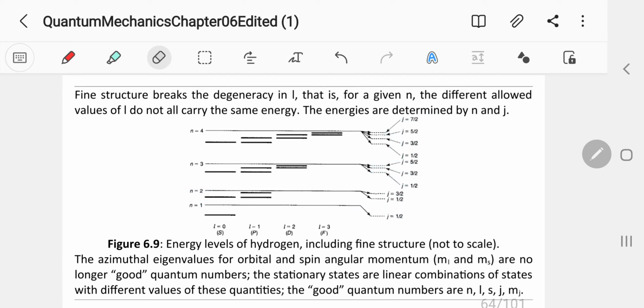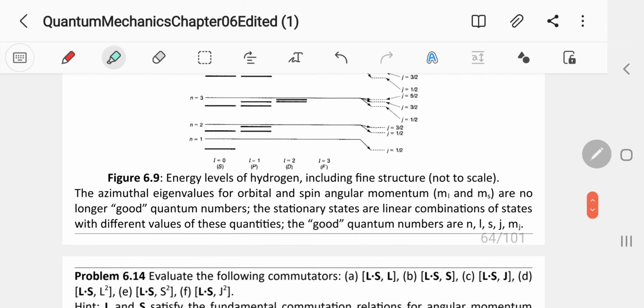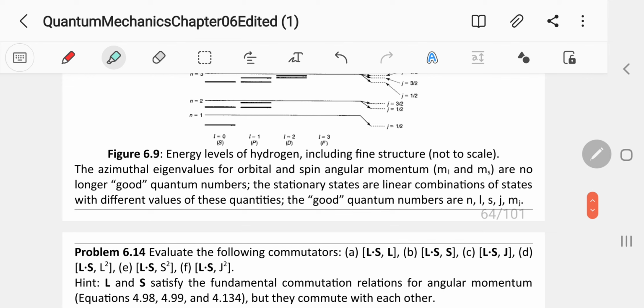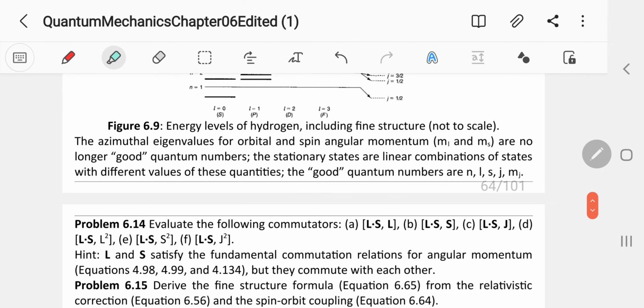So the fine structure breaks the degeneracy in l, that is, for a given n, the different allowed values of l do not carry the same energy. The energies are determined by n and j. The azimuthal eigenvalues for orbital and spin angular momentum, ml and ms, are no longer good quantum numbers.